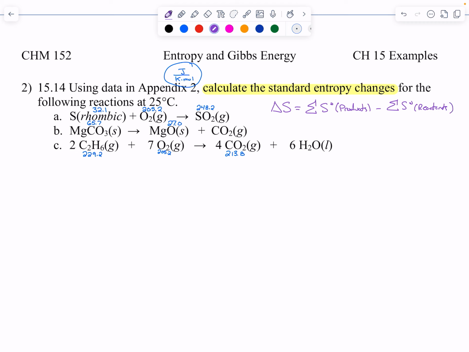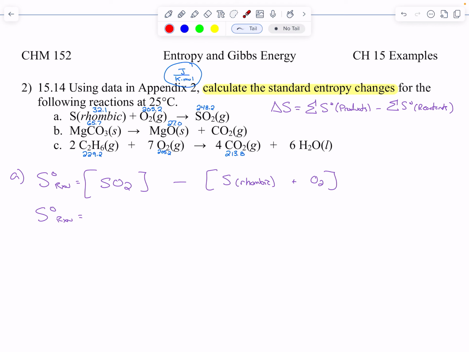Now, as we're doing this, my recommendation, so we'll start with A, is I would write for the reaction, you don't have to write the whole thing out, but I would write products, SO2, minus reactants, S rhombic and O2. I would write those out.